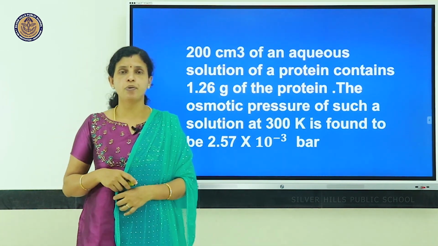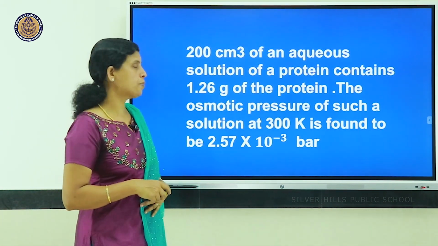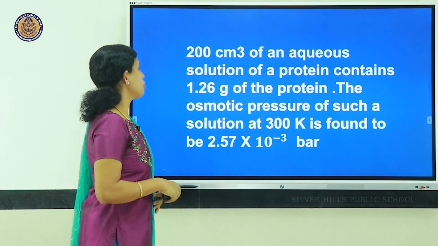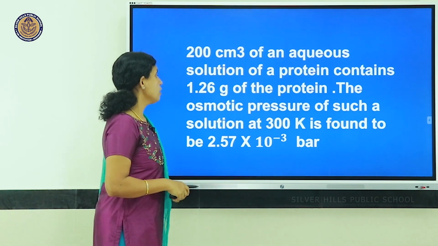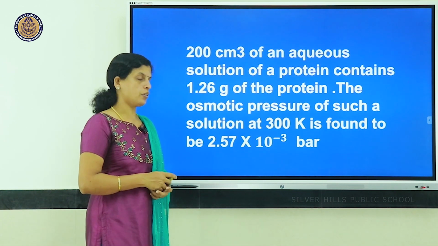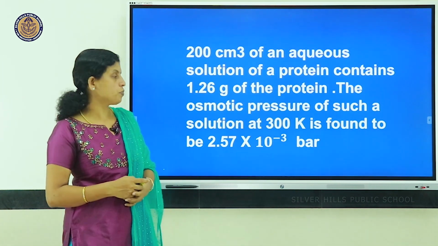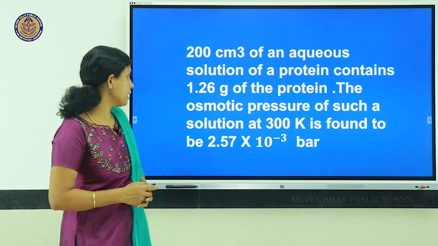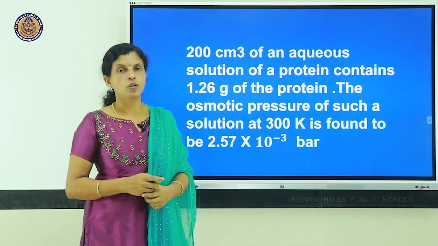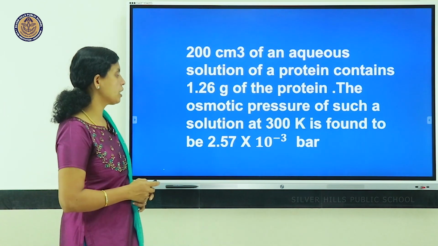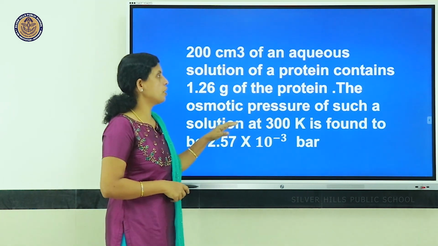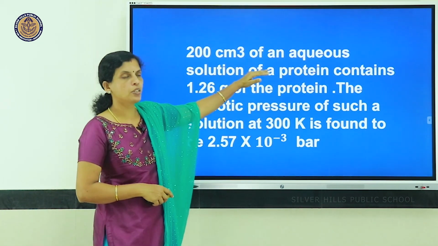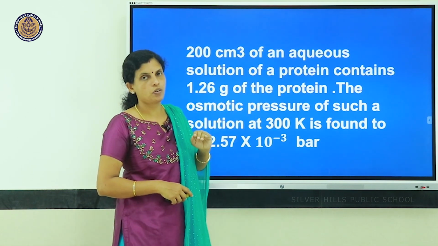Now let's consider a problem related to osmotic pressure. 200 centimeter cube of an aqueous solution of a protein contains 1.26 gram of protein. The osmotic pressure of the solution at 300 Kelvin is found to be 2.57 into 10 raised to minus 3 bar. Let's consider what values are given.